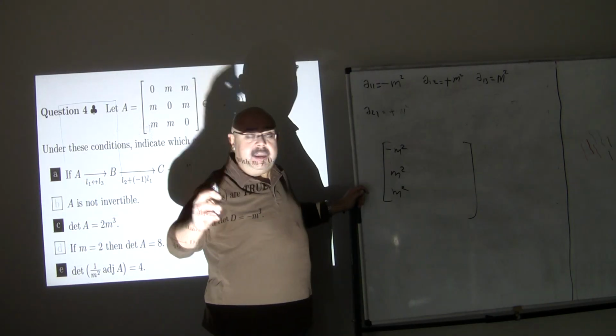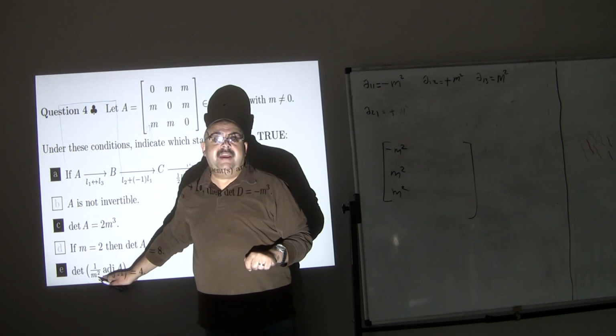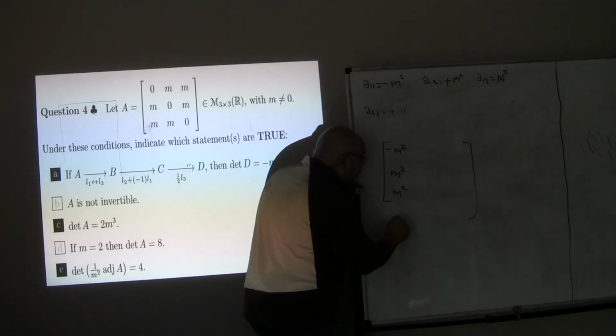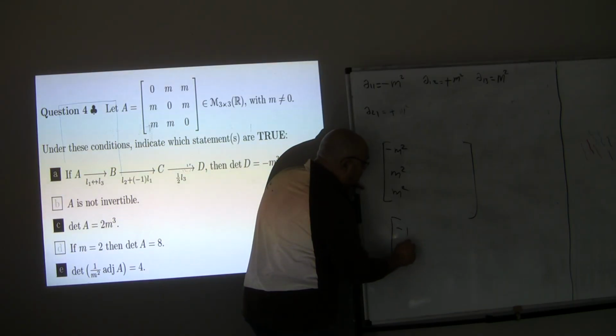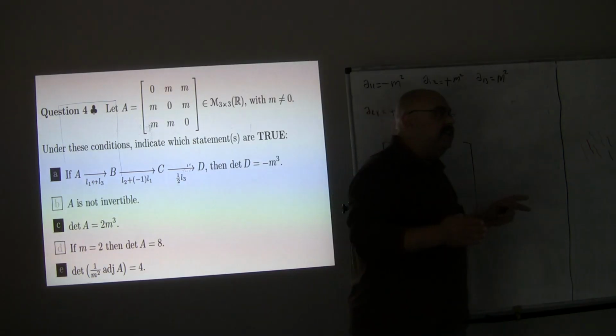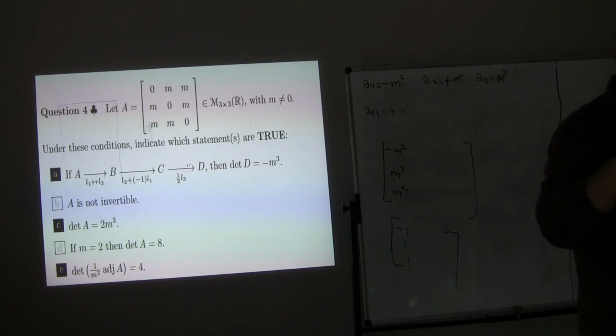We are multiplying this matrix by 1 over m squared. Are you with me? When you multiply this by 1 over m squared as a matrix, the results will be negative 1, 1, and 1, and so on for the rest of the matrix. Evaluate the determinant. It's going to be very quick, and you will find the value equal to 4. Okay?